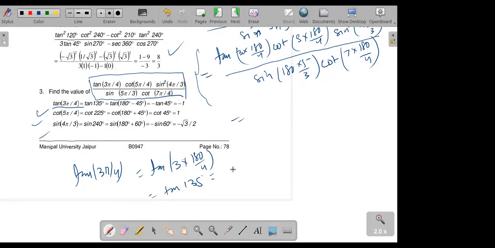So tan of 180 minus 45, if we do this, 180 is an even multiple, so it will not change, it will remain tan. 180 minus 45 is less than 180, which means the second quadrant. In the second quadrant only sine and cosec are positive, tan will be negative. In this way, solve every term and just put in the values.